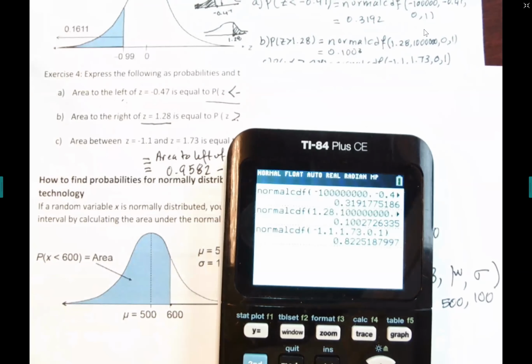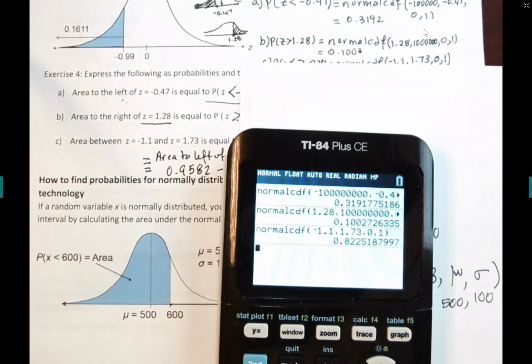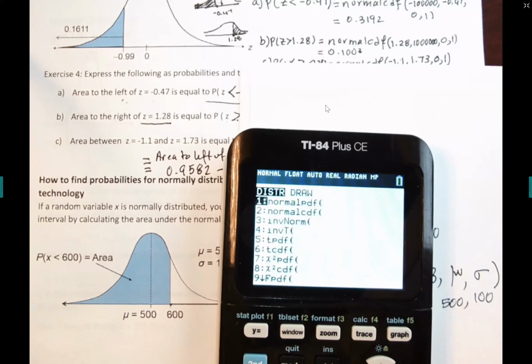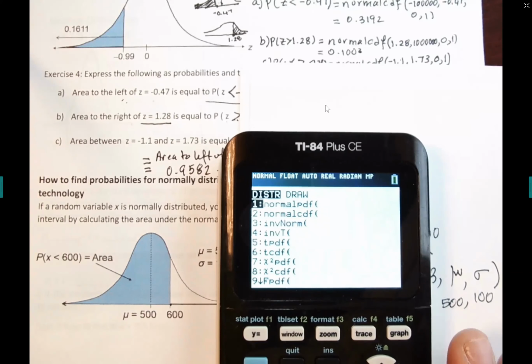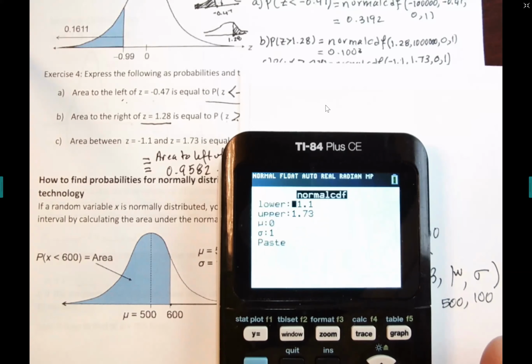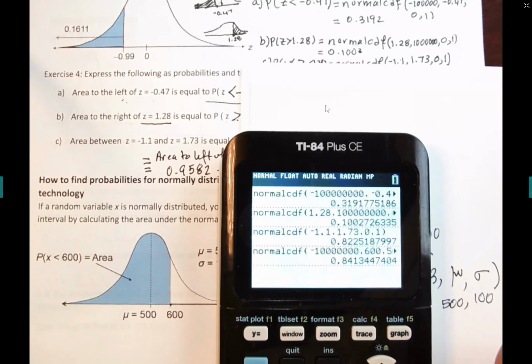Turn it on. Second, and distribute. Normal CDF. Okay, so we have negative 1,000,000. Don't worry if you put some more zeros, it doesn't matter. 600, 500, 100, paste, and enter.